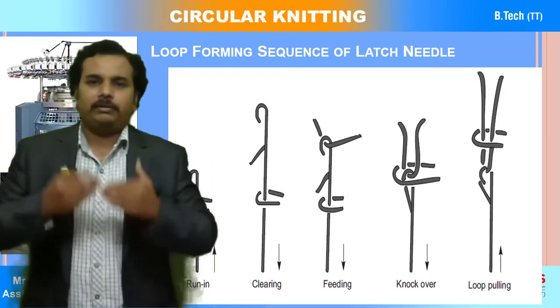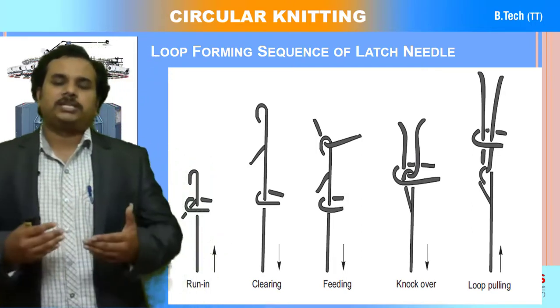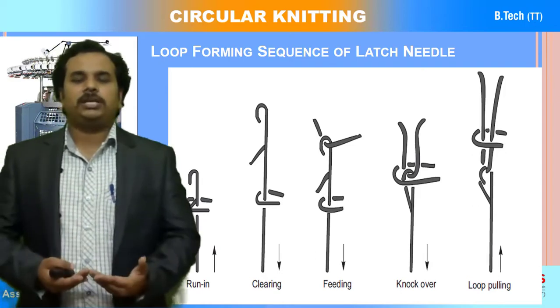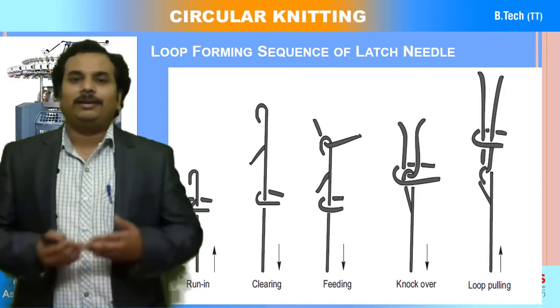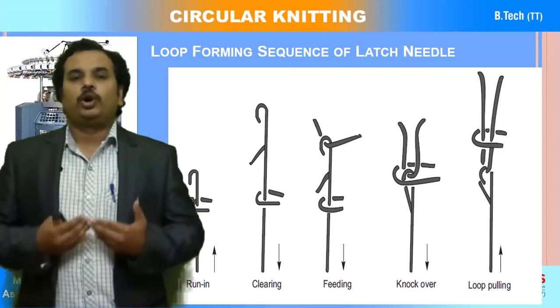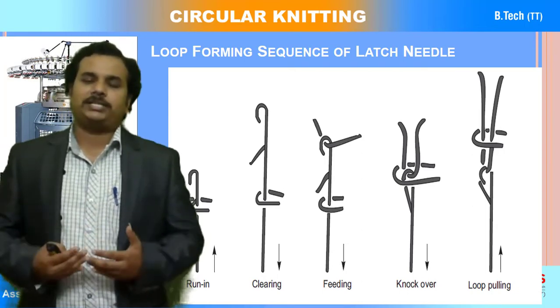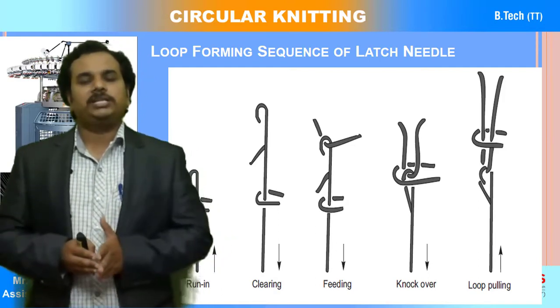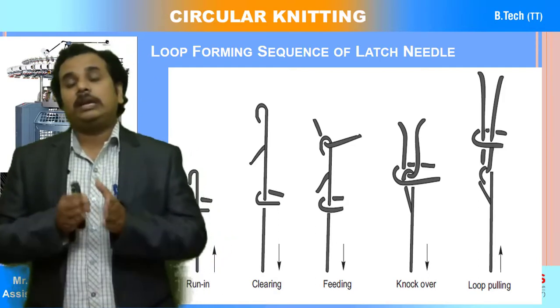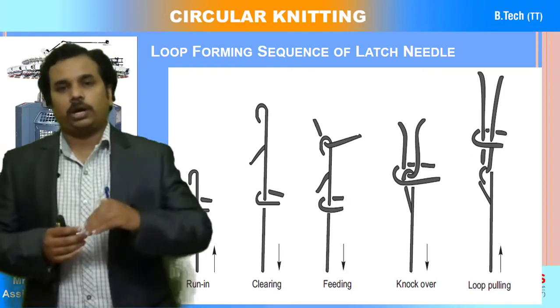Again, I am repeating the 5 steps. First step is the running step, then clearing, nothing but the whole loop is cleared from the latch. Then in the third step, yarn feeding. When the yarn feeding is happening, the needle has started to lower down.